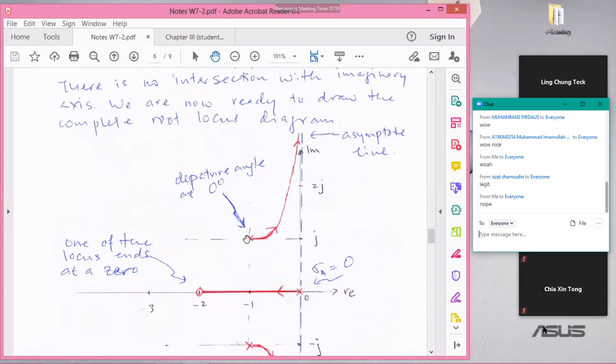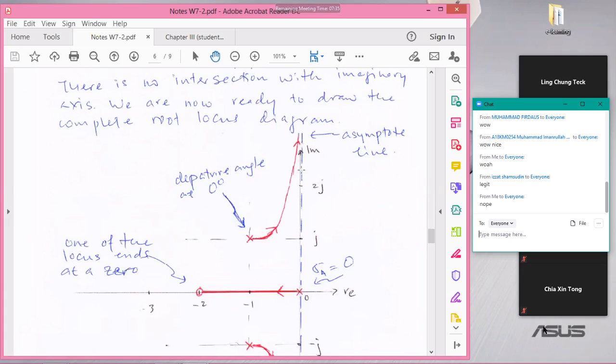Our locus will never cross to the right of the imaginary axis. The departure angle is at 0 degrees, so it will leave our first complex pole horizontally to the right, and then it will turn, approaching the asymptote line along this. It will go all the way to infinity along that asymptote line.